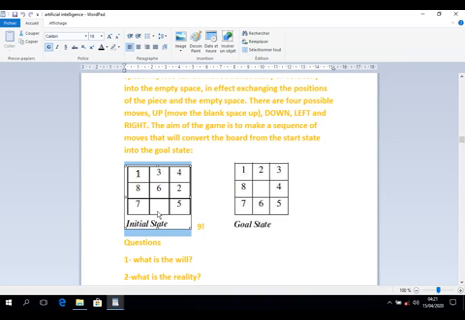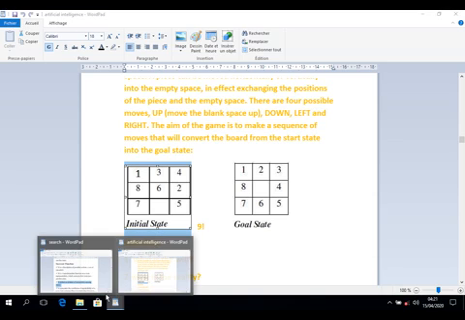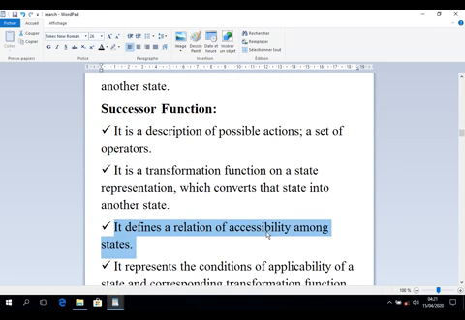So from this state, for example, what are the states that are accessible? The states directly accessible from this one are, when we apply the up action, this 6 goes down. So we obtain one state that is accessible directly from this one.